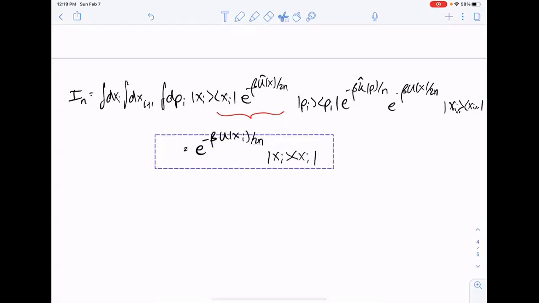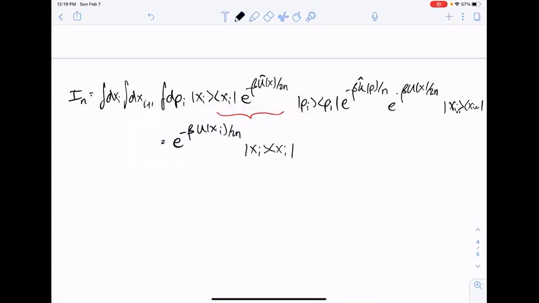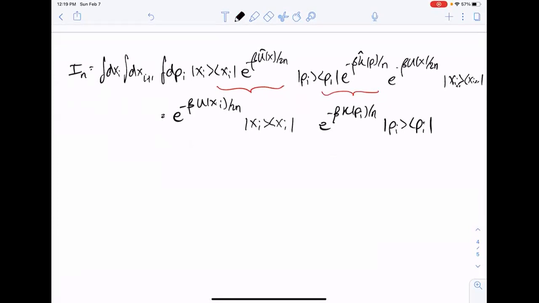Analogously, I could act the kinetic energy operator on a set of states it is diagonal in, giving me the kinetic energy at that momentum, pi, and those states back. And the same thing with that additional potential, yielding integrals over states, xi plus 1, and pi.